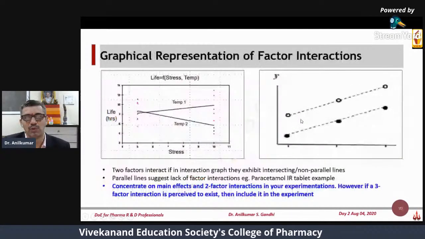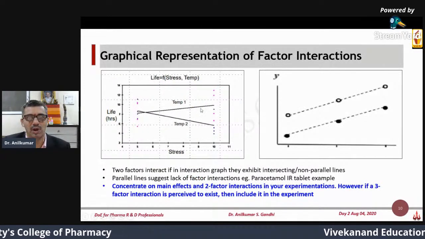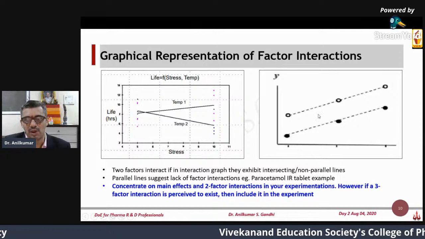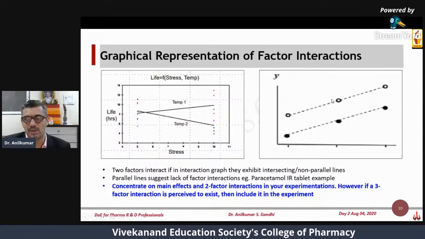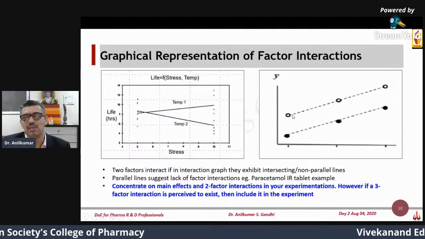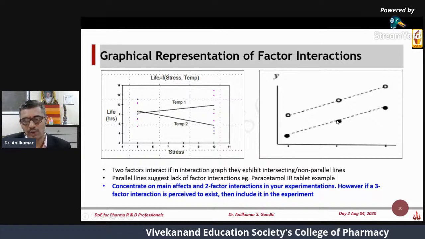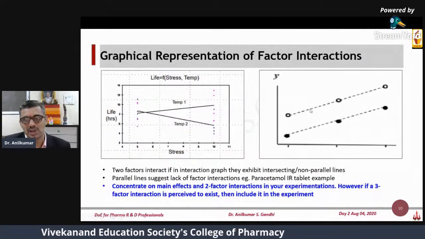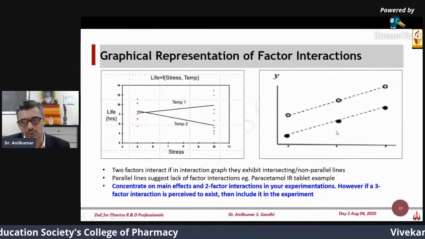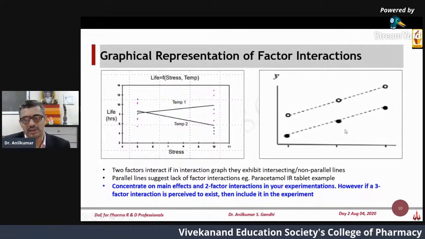We move on to this graphical representation. On the right, you see a graph wherein two lines are parallel. This is Y, which is the response, and both lines represent the two factors. When you have two factors whose responses are parallel to each other, these factors are said to not interact.